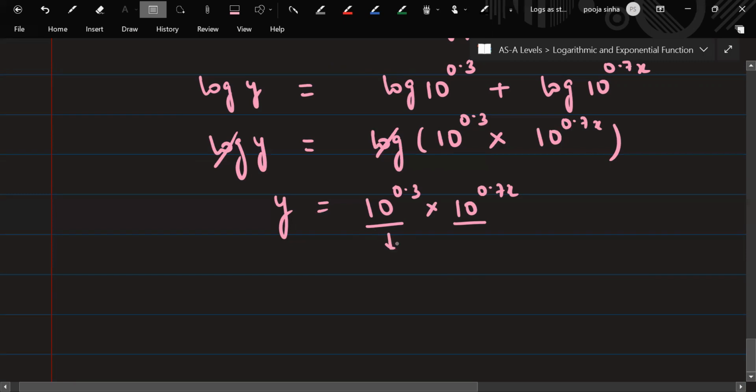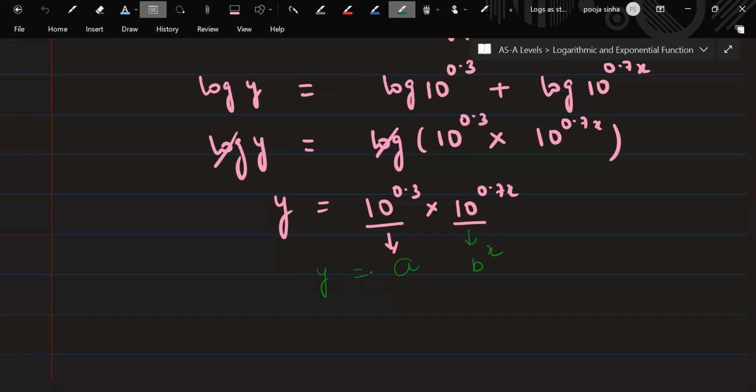This is something like what you learned as A, and this is something like what you learned as B raised to power x, somewhat of that form. Understood now clearly? Okay.